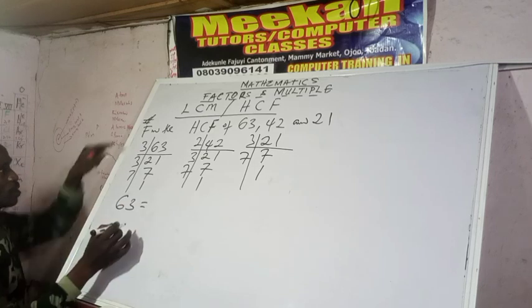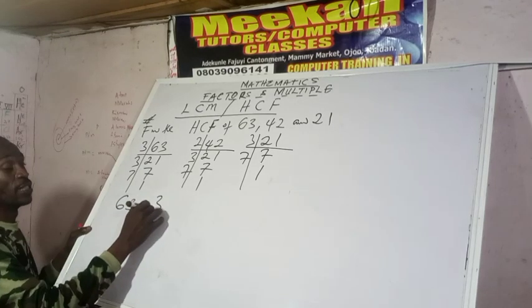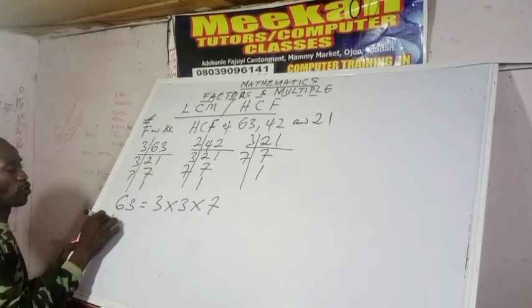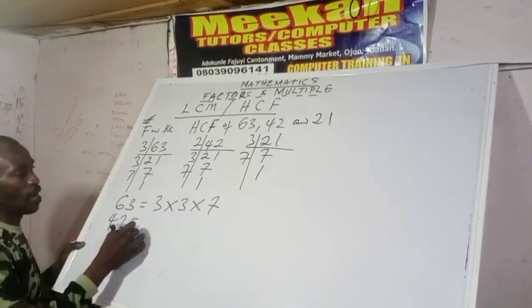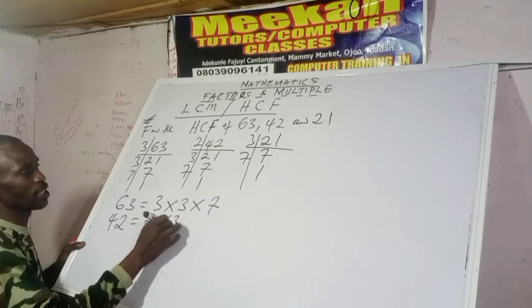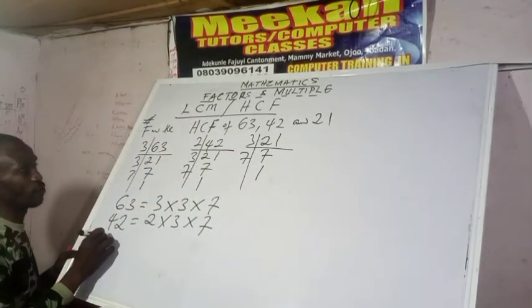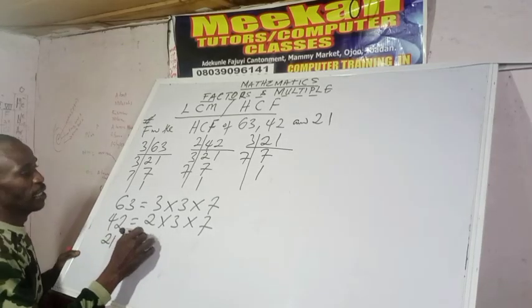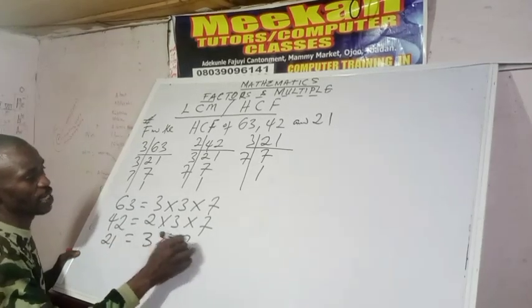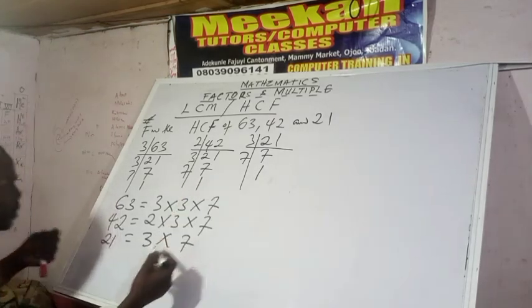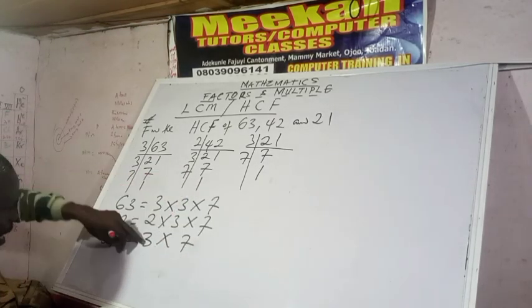63, you have 3 times 3 times 7. For 42, what do you have? 2 times 3 times 7. The third one, you have 21. What do you have? 3 times 7. Now I'll check what things appear here, here, and here.